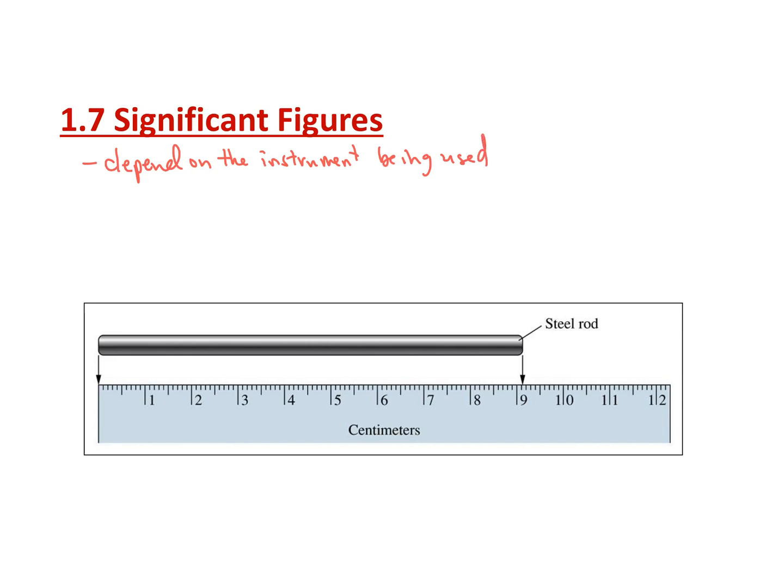So significant figures come into play because they are the last number we can report. That's the number where the uncertainty lies with our measurement. So the last number reported, the number where uncertainty lies. Right?